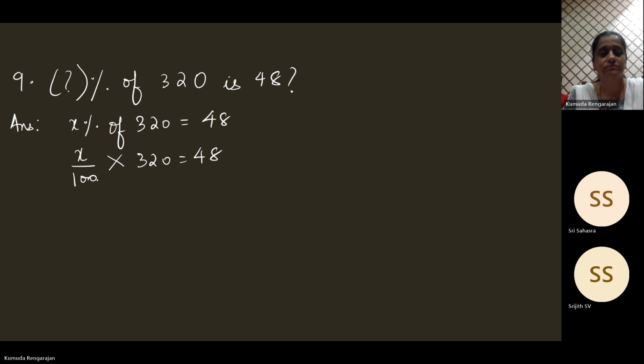Cancel. Yes, ma'am. Tell me, what should I cancel? You should cancel the zeros. Okay, then you can cancel the 10 and 320, how many times? 32 times. 16 times. Correct. Next is x by 5 into 16 equals to 48.